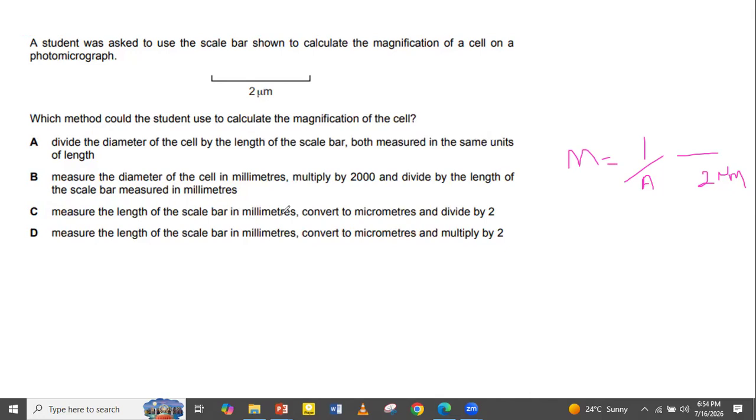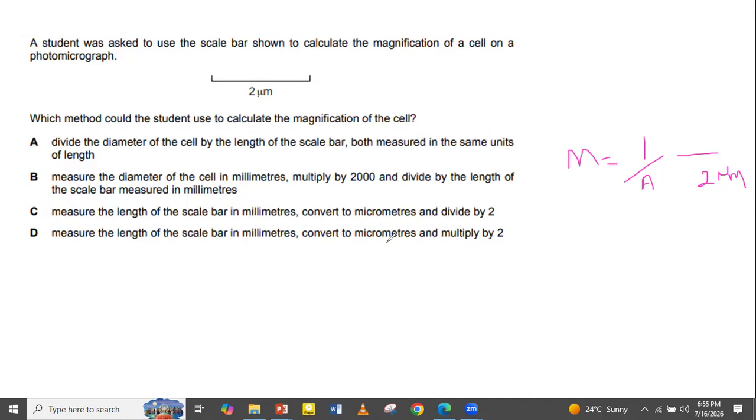Remember, even if you're using a ruler that is in centimeters, you can turn to millimeters. Measure the length of the scale bar in millimeters, convert to micrometers, divide by 2. I see somewhere I'm dividing by 2. What will I be dividing by 2? The image size. Which image size will I be getting by measuring the length of the scale bar? Turn to millimeters, turn to micrometers, divide by 2.